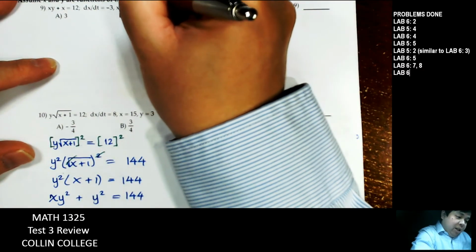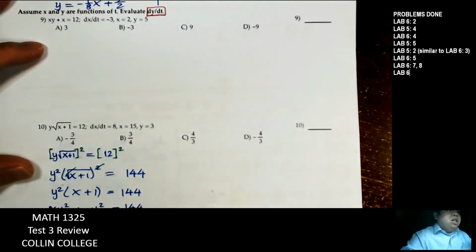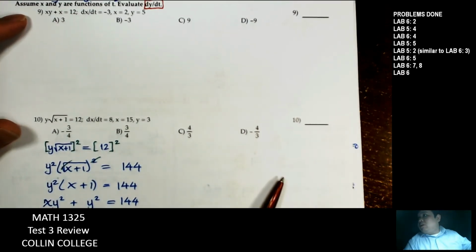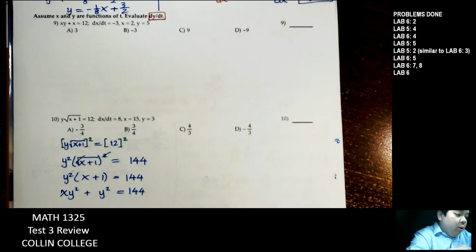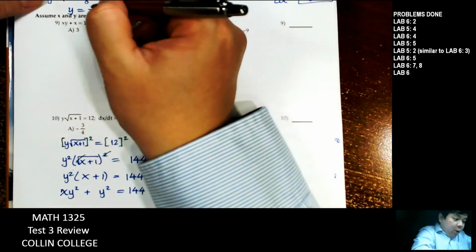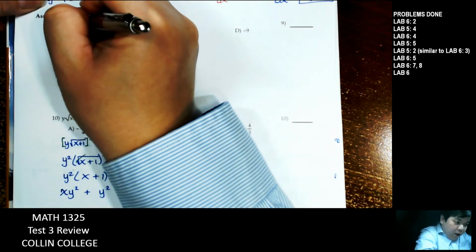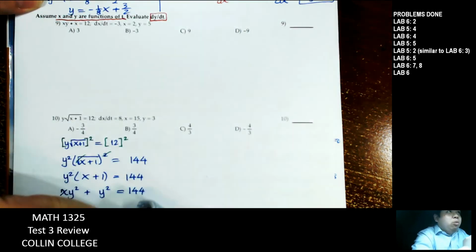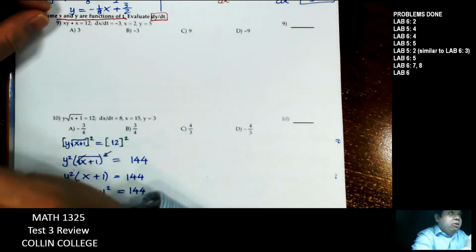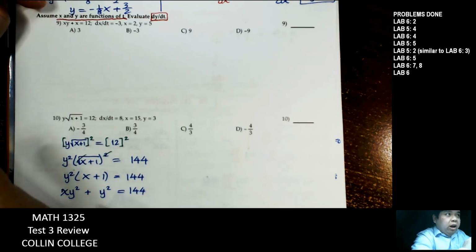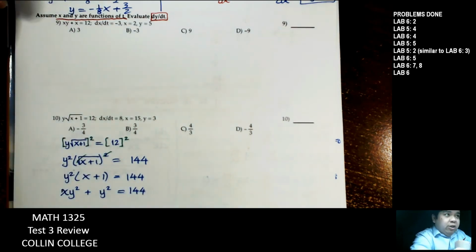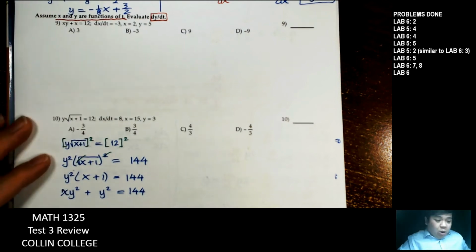Now, the difference between problems 9 and 10 compared to the previous one is that this time, what we are asked to find is dy over dt. So the new thing is, of course, that t is the variable, and we also have x and y as functions of t.